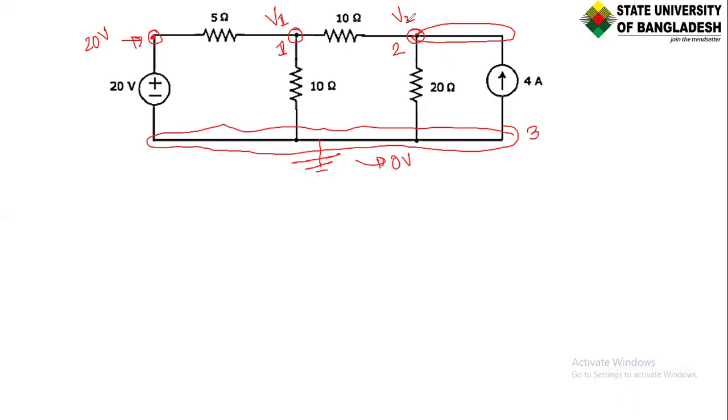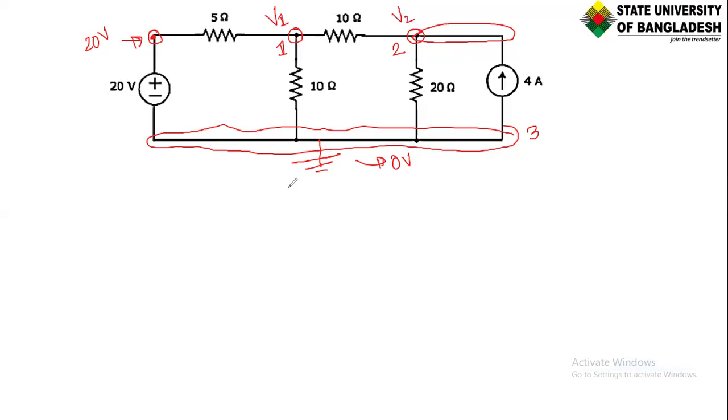You can label these 1, 2 according to your convenience. You can write A, B, or X, Y, whatever it is. You can do it your own choice. There is nothing you need to follow blindly. This is the way I am labeling this part.